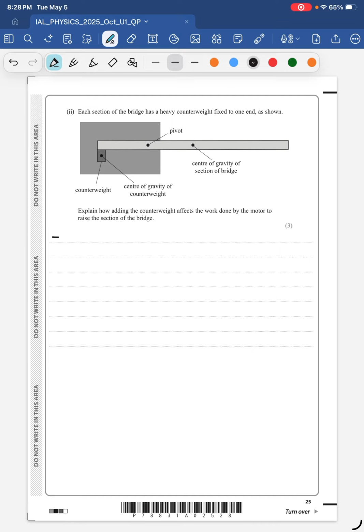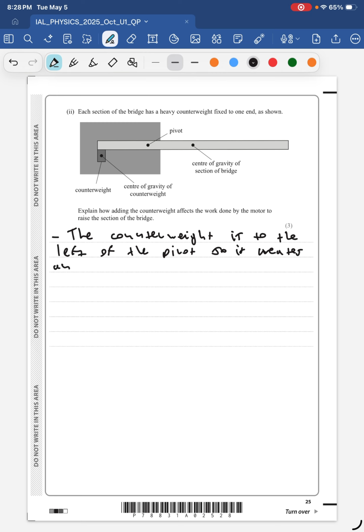So, the counterweight is to the left of the pivot. Okay, so it creates an anti-clockwise moment.